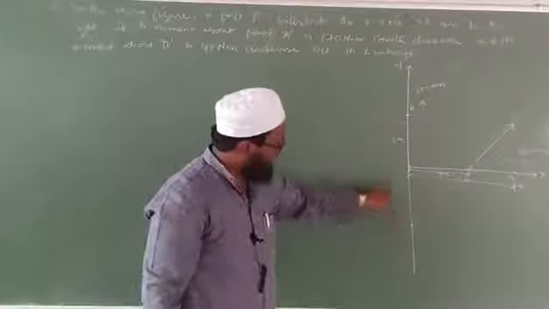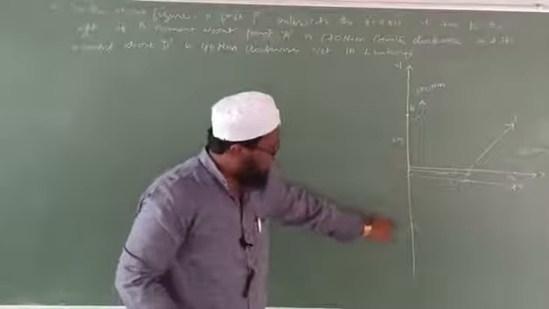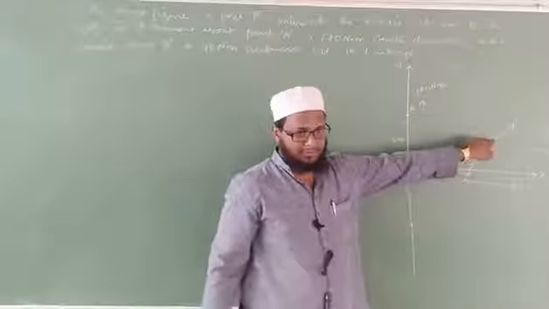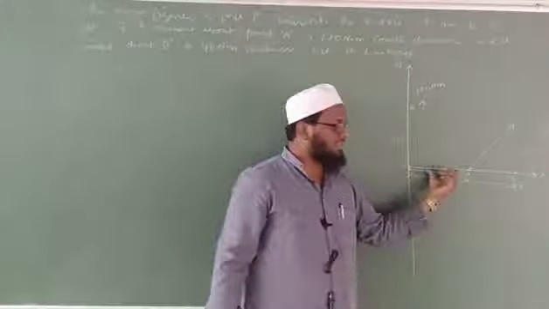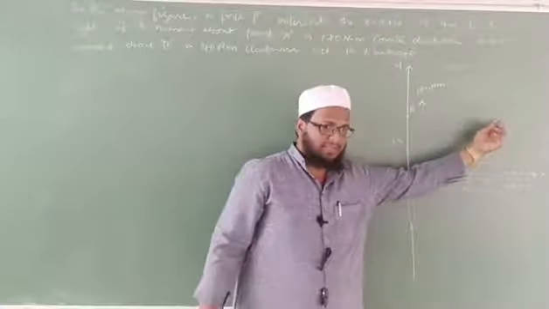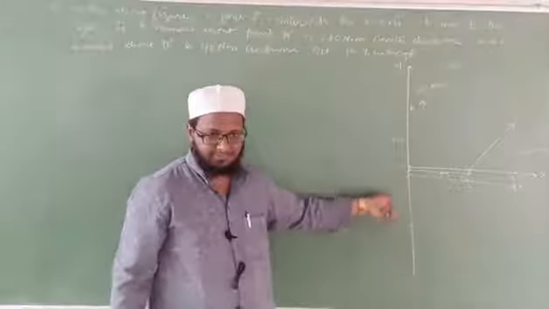This distance from the origin to here is your y-intercept of this force, and this is the x-intercept of this force. So they are asking us to calculate this y-intercept.